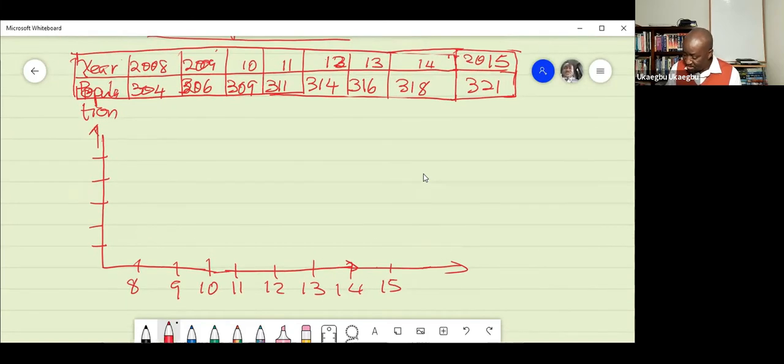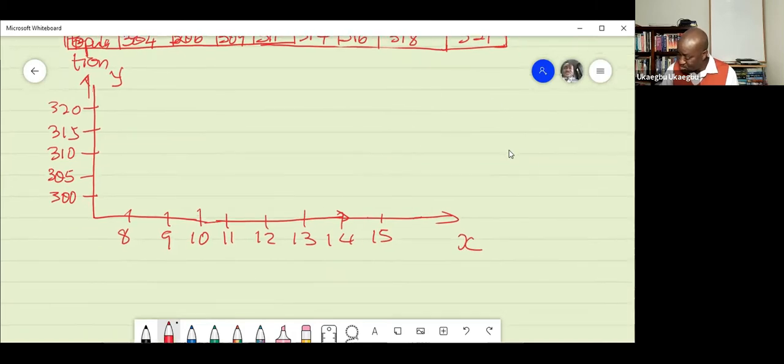So you can have maybe 300 million, and then you can have 305, 310, 315, 320. And on this side is your y-axis. This is your x-axis, but in your x-axis, it is representing year, and then the y-axis is actually representing population.